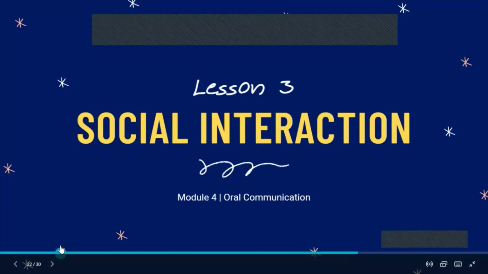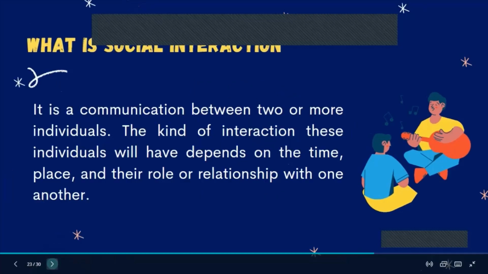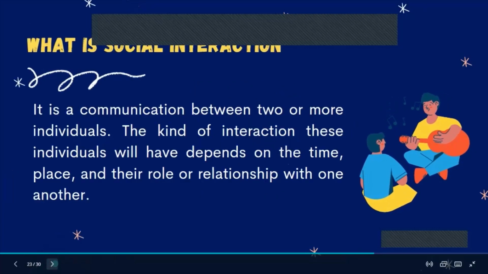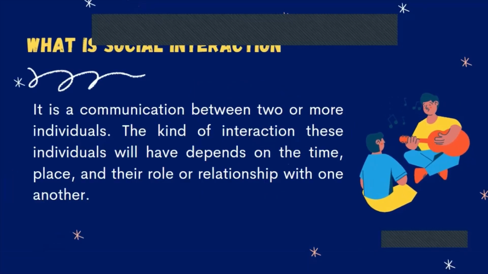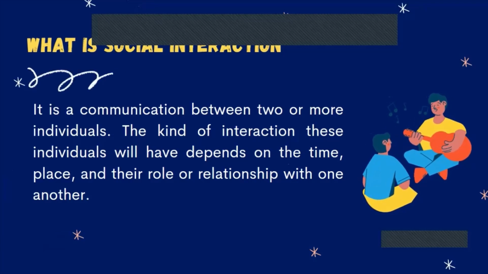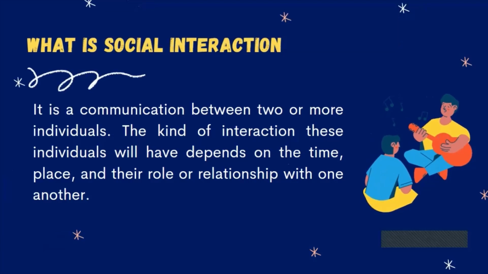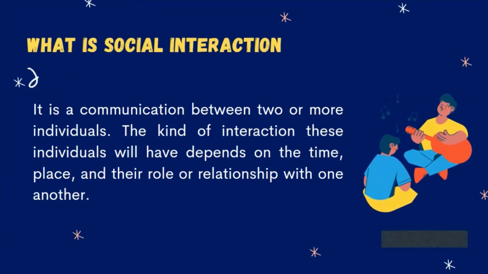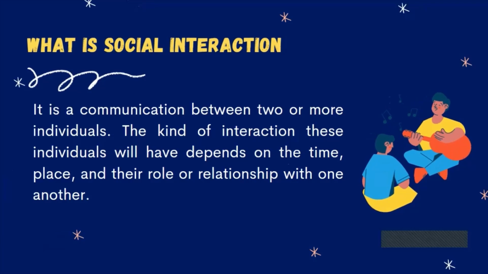Moving forward, this is lesson 3, which is social interaction. What is social interaction? It is communication between two or more individuals. The kind of interaction these individuals have will depend on time, place as well, and their role or relationship with one another.